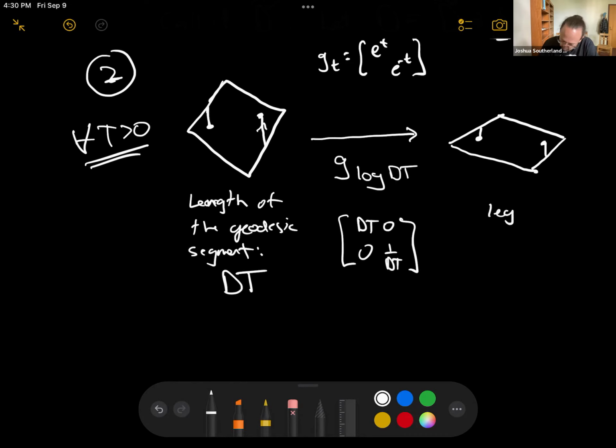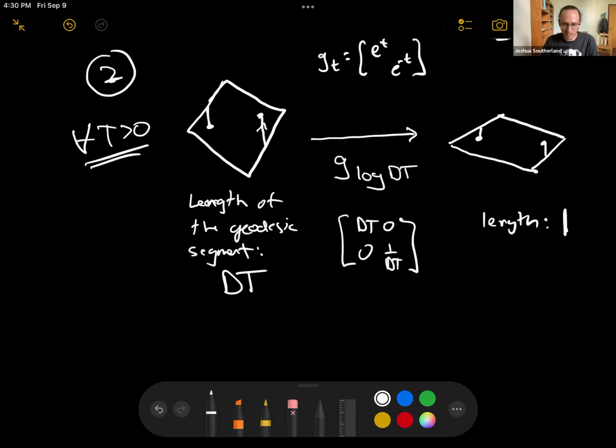And just notice the length of this geodesic segment is now 1. Because the geodesic segment is just in the north direction, so I took the geodesic segment that was dt, and then the vertical direction compressed by 1 over dt, and we're left with a length of 1.